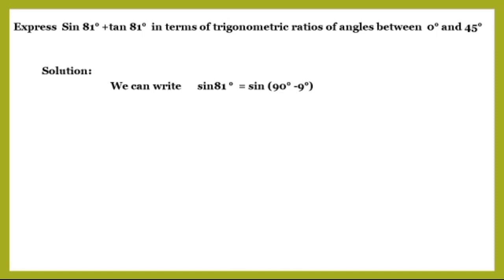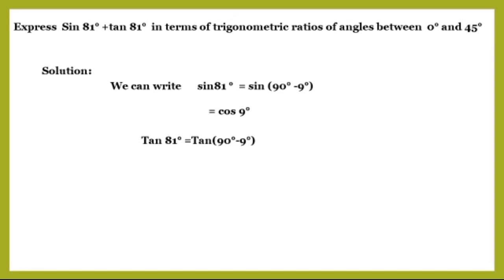But from trigonometric ratios of complementary angles, sin(90 degrees minus 9 degrees) is equal to cos 9 degrees. Now tan 81 degrees equal to tan(90 minus 9), since 90 minus 9 equal to 81.